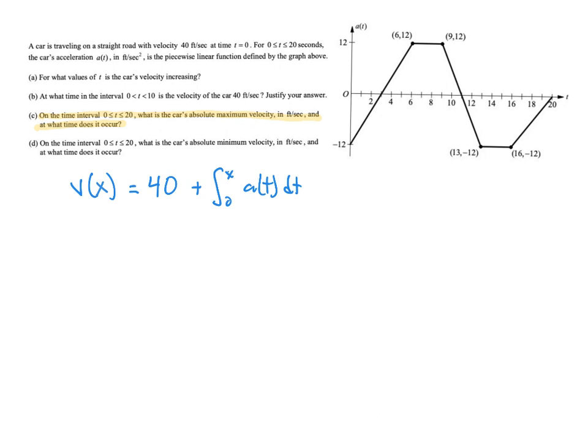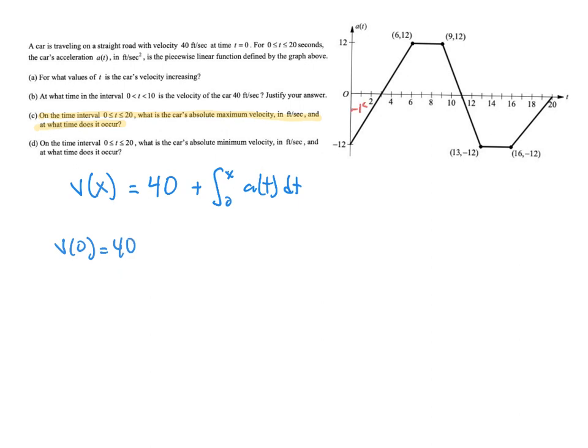absolute extremes occur at endpoints or critical points. So there are a couple of endpoints that we need to be interested in: t equals 0 and t equals 20. So let's just check v of 0 right now. That's a 40. And then we'll check v of 20 by adding up these areas. Of course, I don't have the picture that I had before.